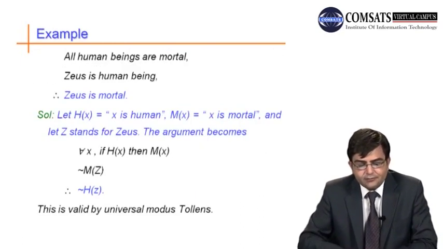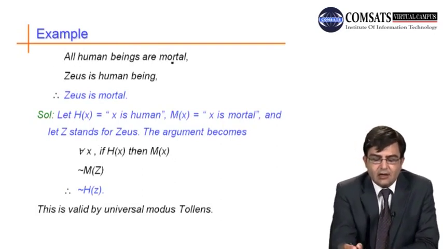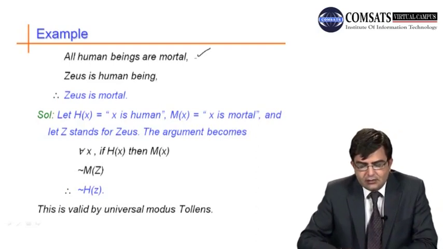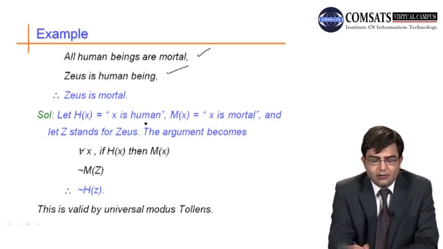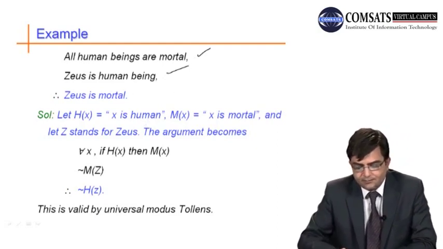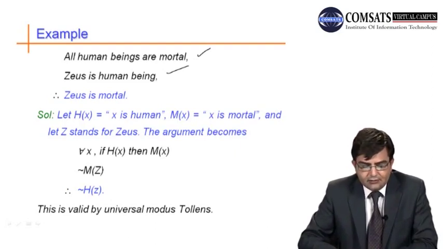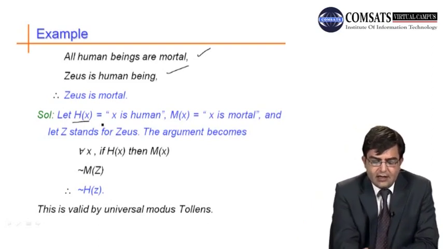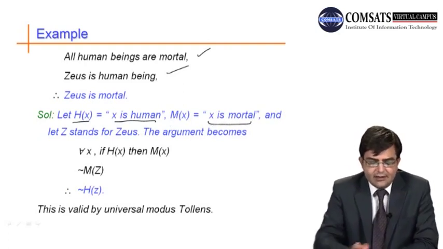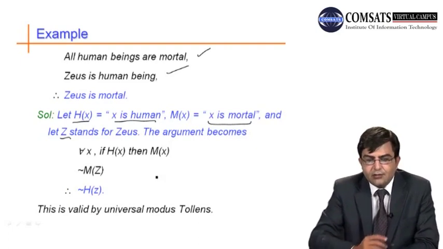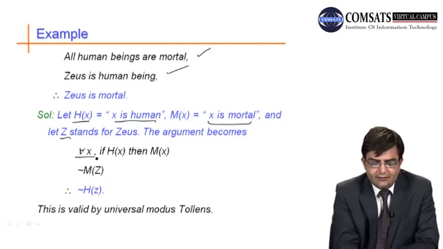For example, here if we say that all human beings are mortal and Zeus is not mortal, then therefore Zeus is not a human being. Now how do we translate this example as a universal modus tollens? If we take h of x as x is a human being, m of x as x is mortal, and z stands for Zeus, then the argument becomes: for all x, if h of x then m of x.